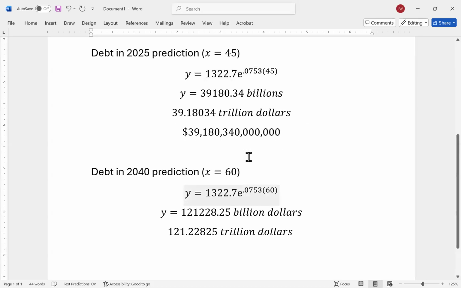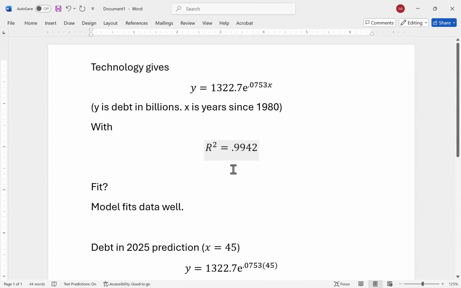So obviously we can do predictions and we can determine fit of models based on what the technology is giving us. Now, in this class, I won't ask you to generate these exponential models, but I will link a couple of videos if anybody wants to see how these exponential models are generated via the TI-84 calculator or via Excel.